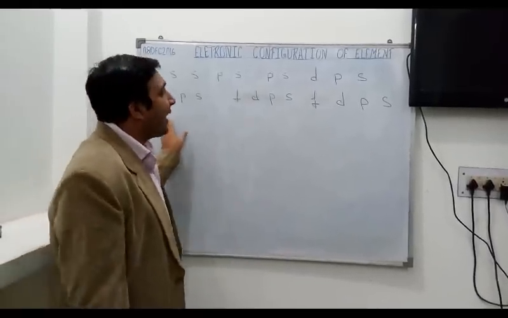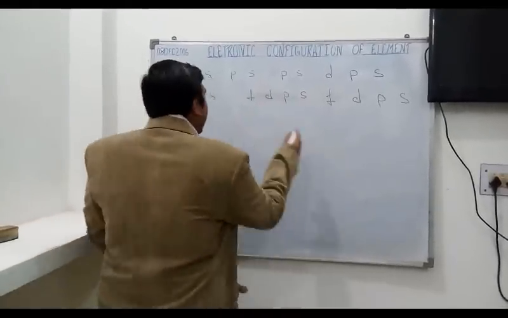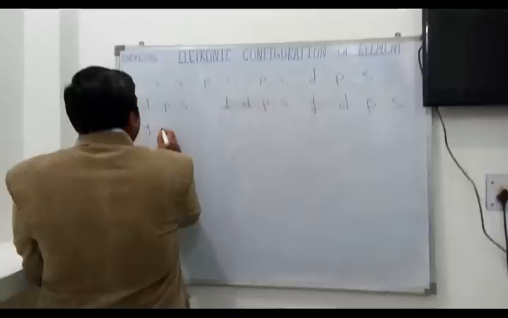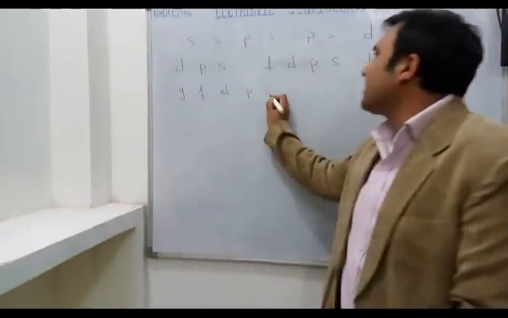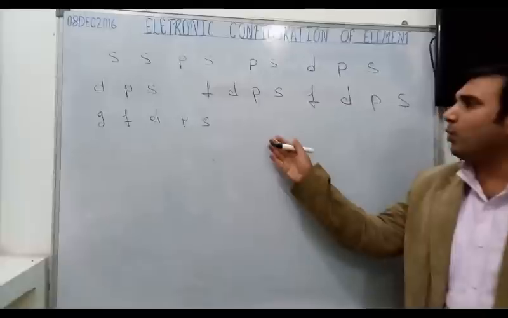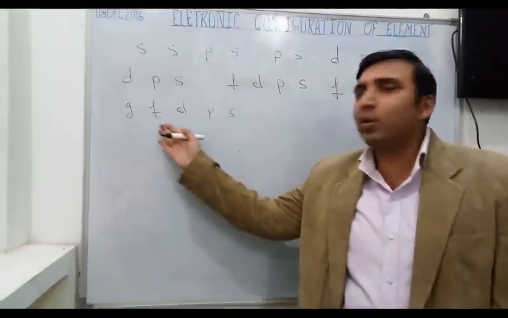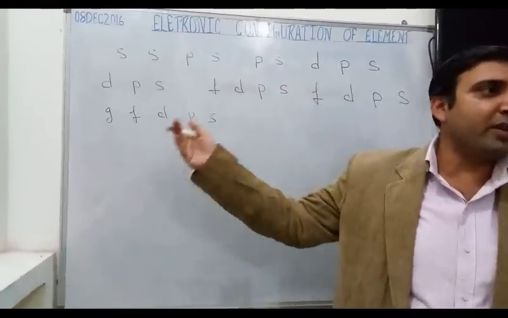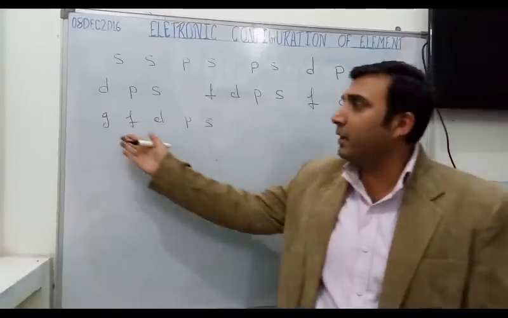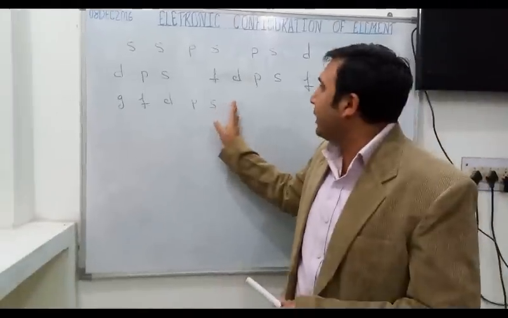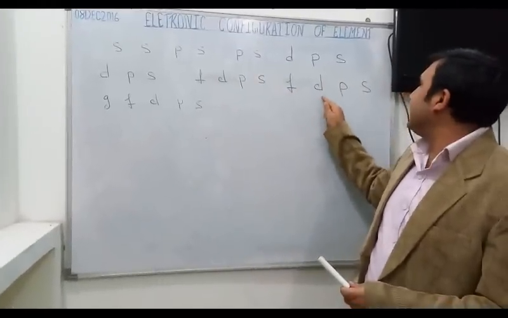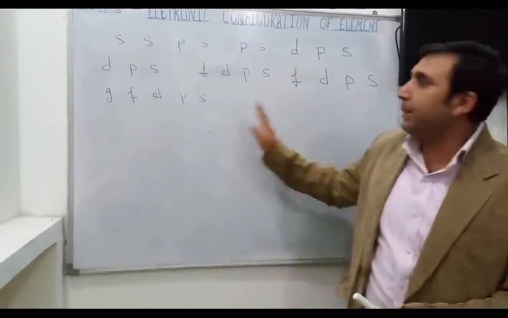We can even write G after F, we can write G, F, D, P, S. But if we go into that, we go beyond what the periodic table is currently made up of, so I don't think we need to go that far. We will only discuss till FDPS.